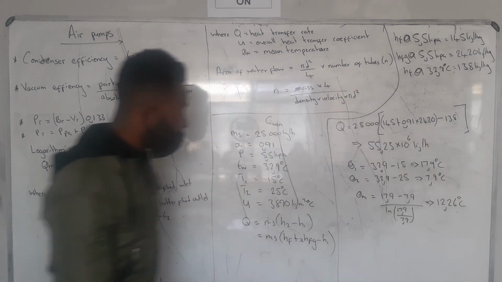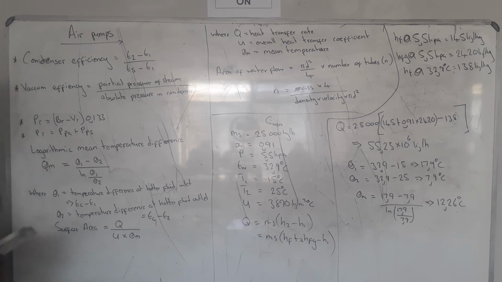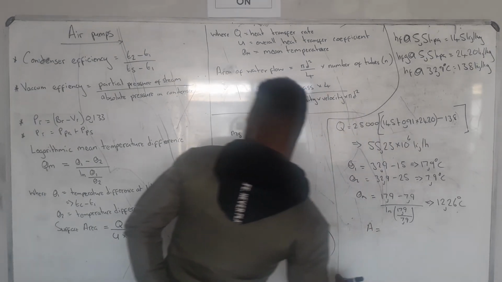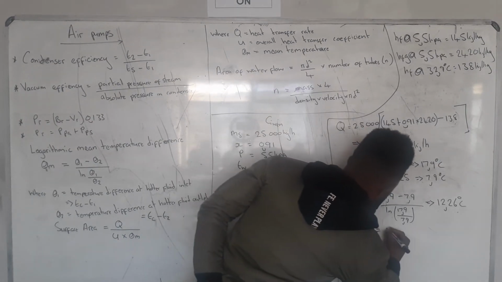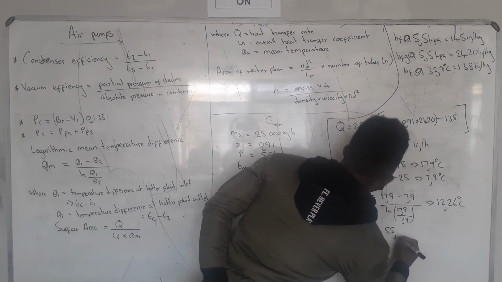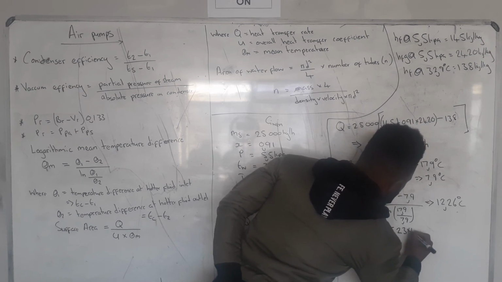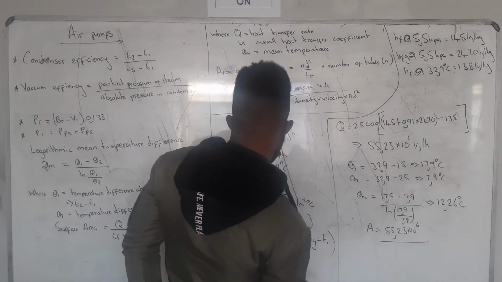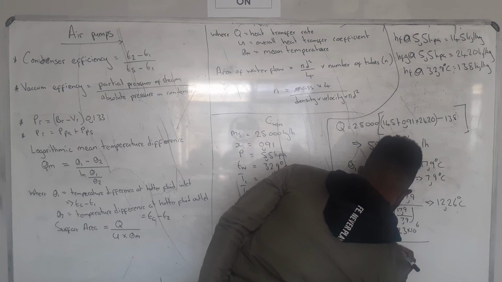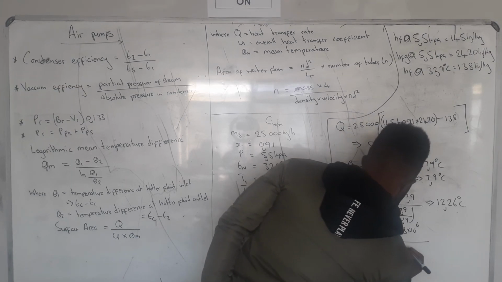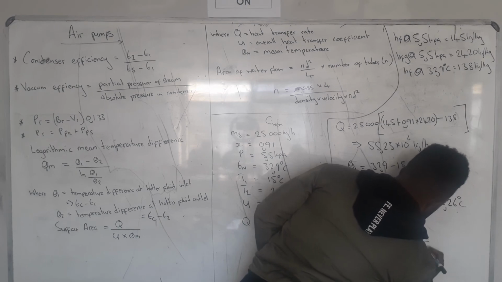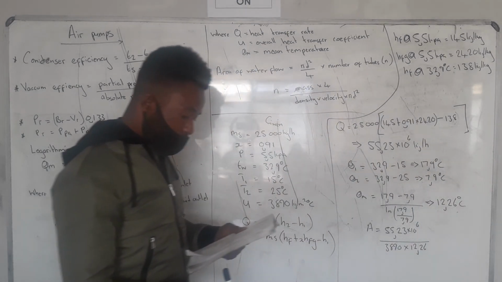So now I have my theta M and I also have my Q, which means now I can calculate my area. My area is going to be my Q, 55.23 times 10 to the power 6, divided by my U, which is 3890, multiplied by 12.26. Can you please multiply this for me?